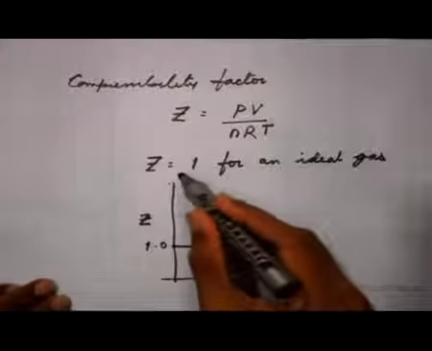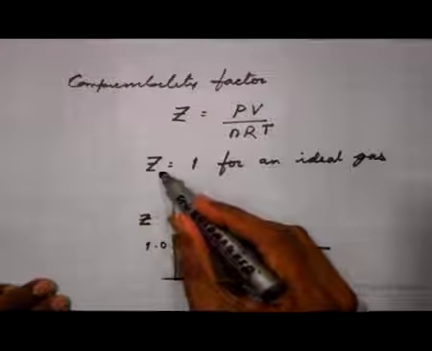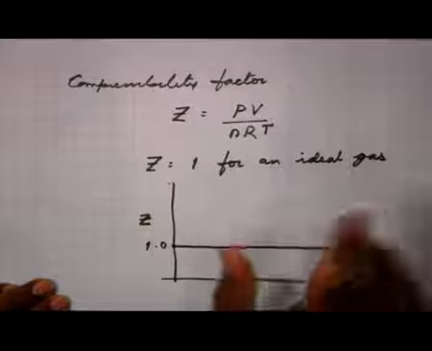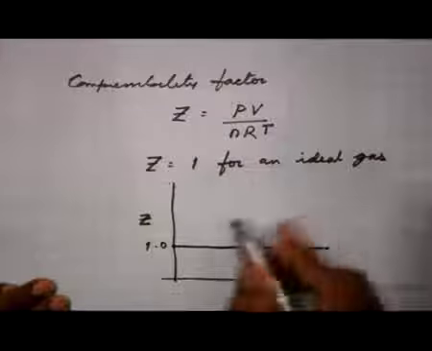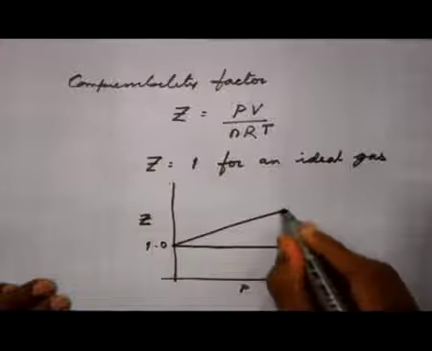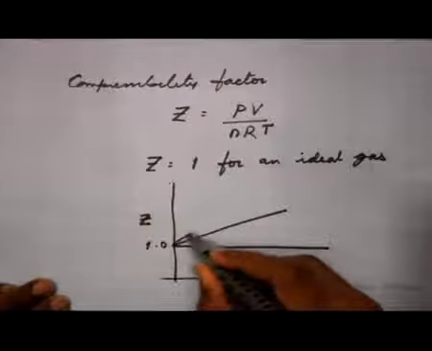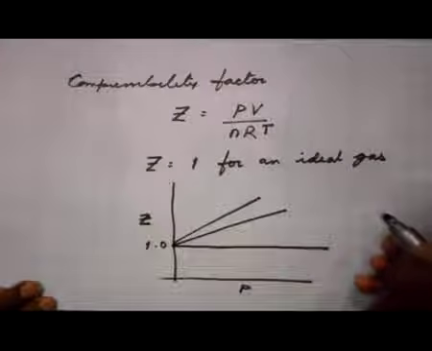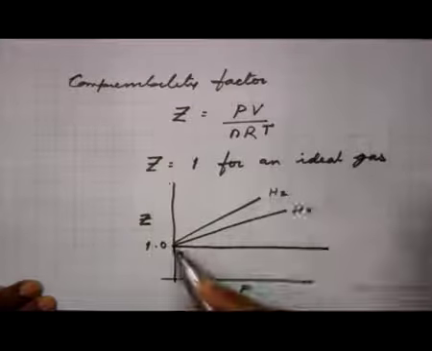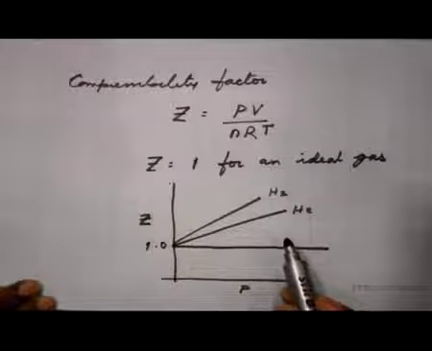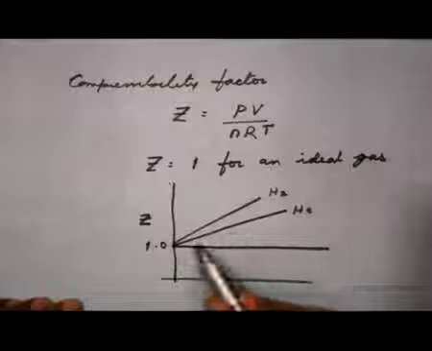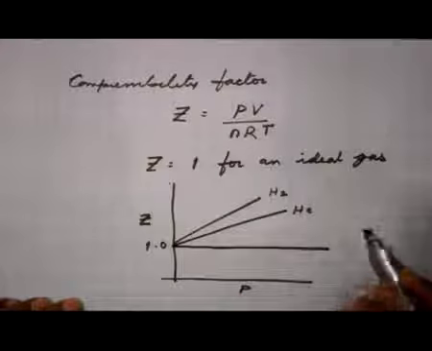Now, if you measured Z for various gases at some particular temperature, you will find essentially 2 or 3 kinds of graphs. If you measured Z at, say, room temperature, you will see curves which look like this. You have helium and hydrogen whose Z value under ambient conditions looks to be higher than the ideal gas value for all values of the pressure.